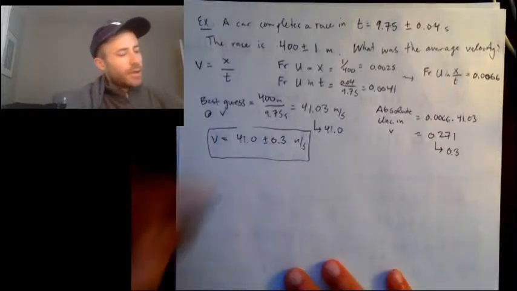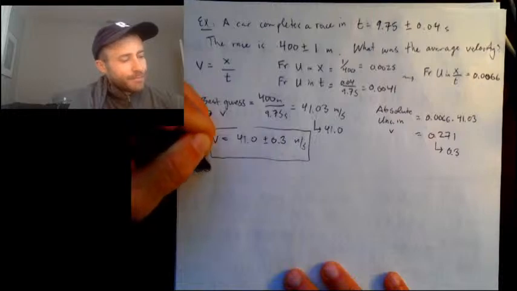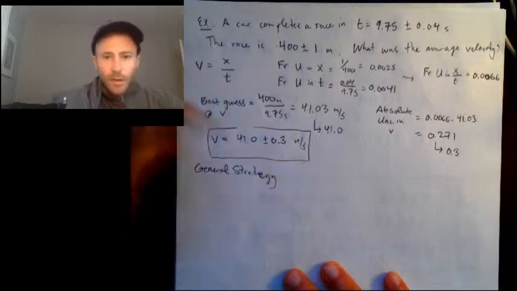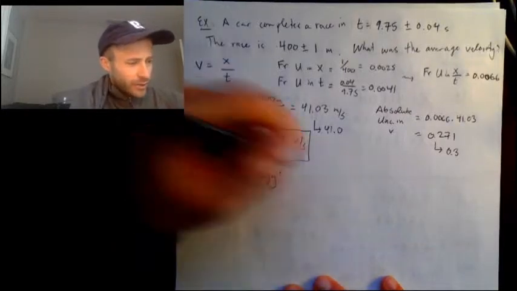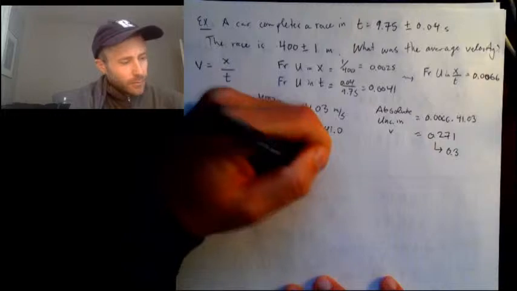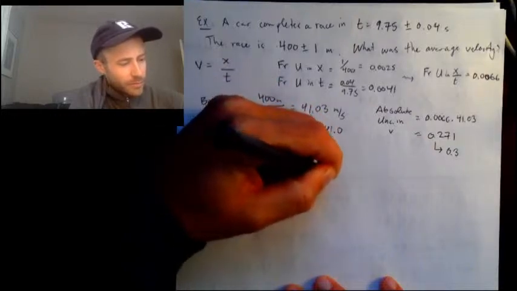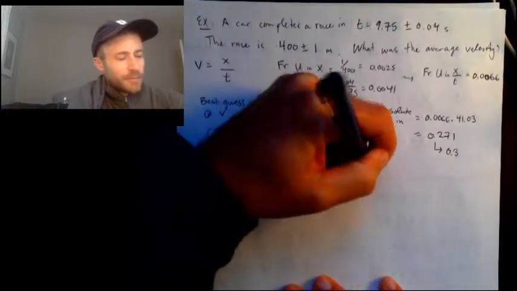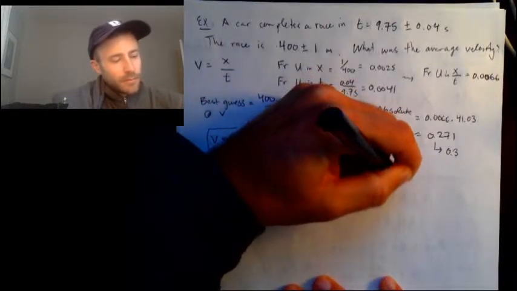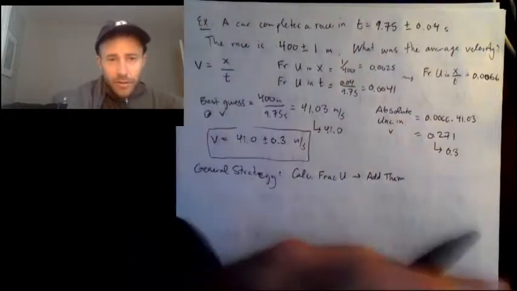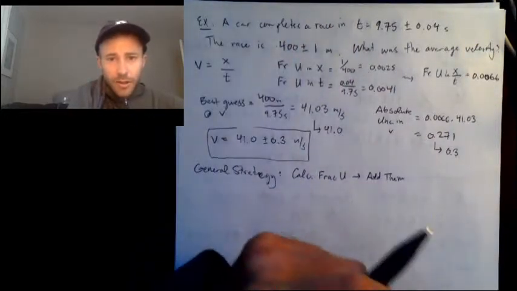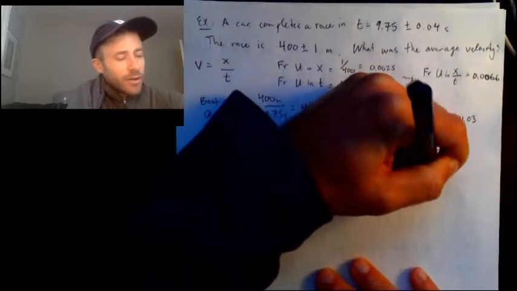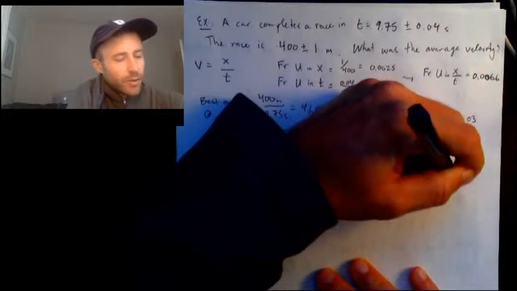Okay? So here's the general strategy. Calculate the fractional uncertainties, add them: add together the fractional uncertainties of the two or three or however many things are multiplied together. Then you want to calculate your best guess.